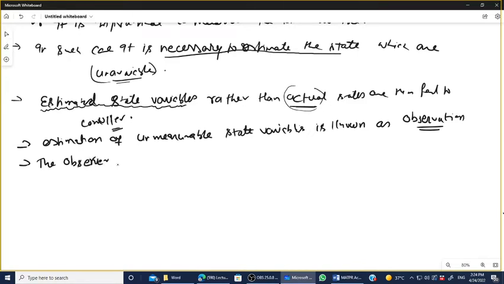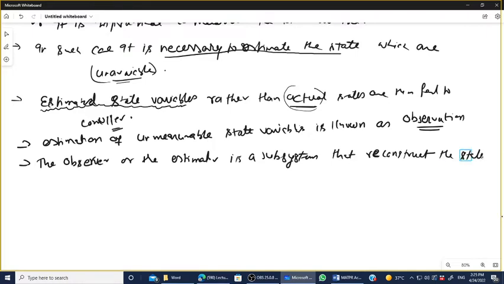The observer or the estimator is nothing but a subsystem that reconstructs the state of the plant.